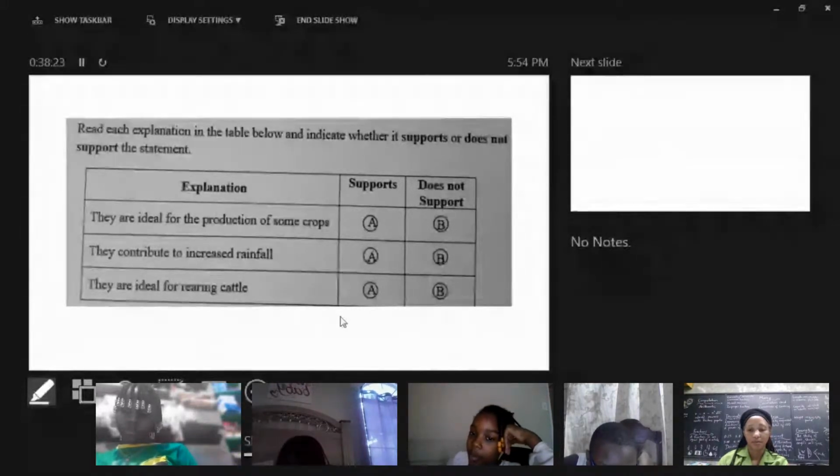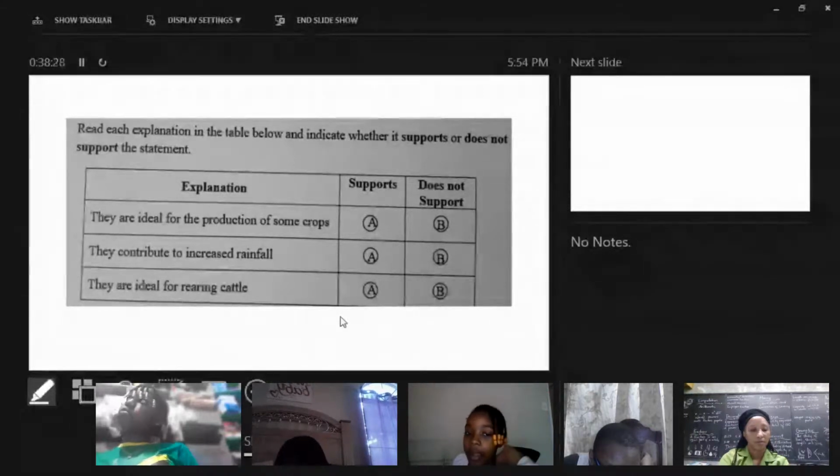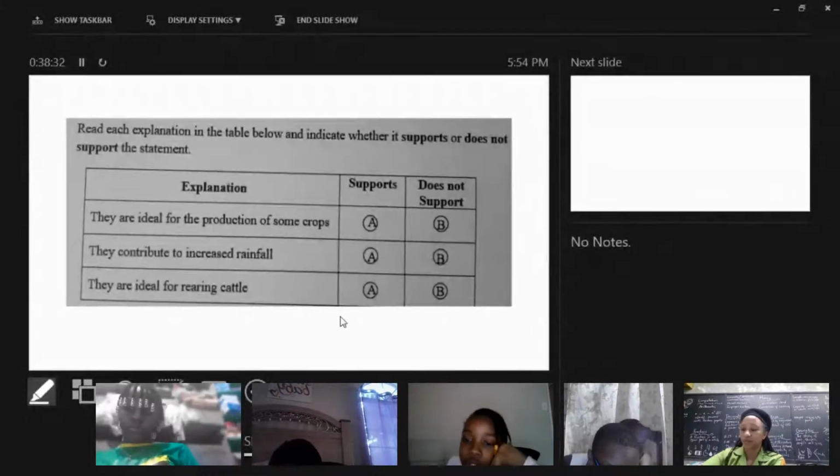Explanation: They are ideal for the production of some crops. A, supports; B, does not support. They contribute to increased rainfall. A, supports; B, does not support.